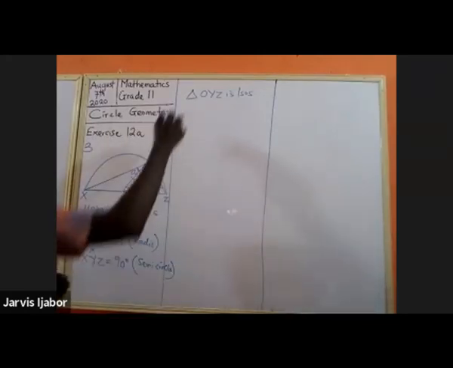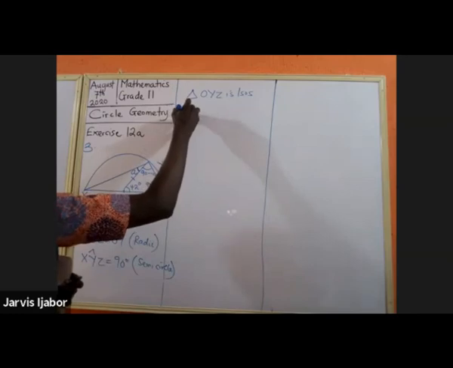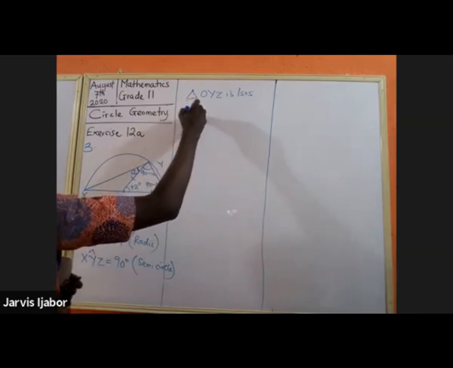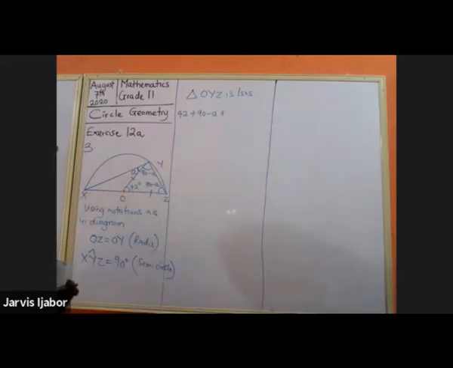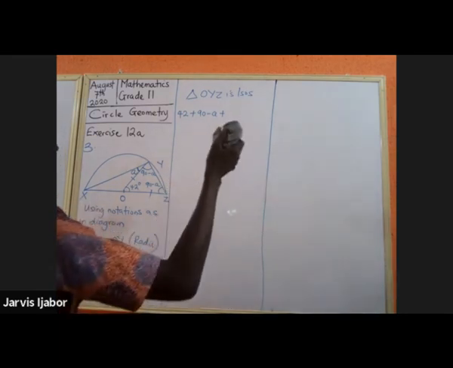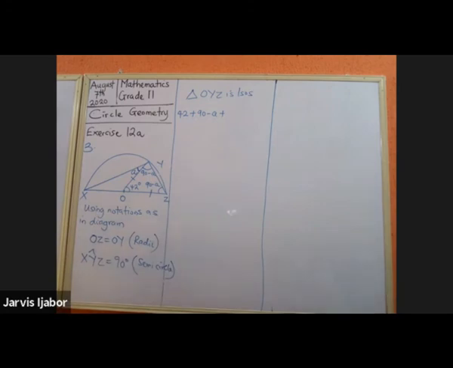So from there, I will have that 42 plus 90 minus A plus 90 minus A equal to 180. Oh, there's even an easier way out for me. But let's finish with this one, and I'll still show you the other way.